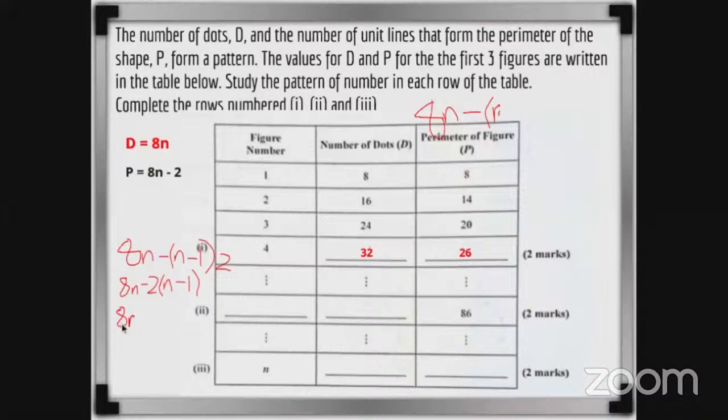So we're going to have 8n. Now this negative 2 multiplied by n gives us what, guys? Negative 2n. Right. And then negative 2 multiplied by negative 1 gives us what? Positive 2.